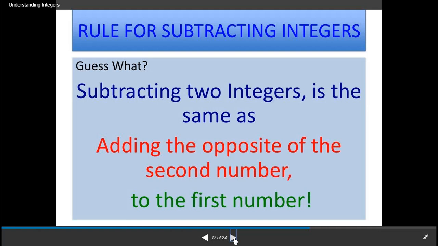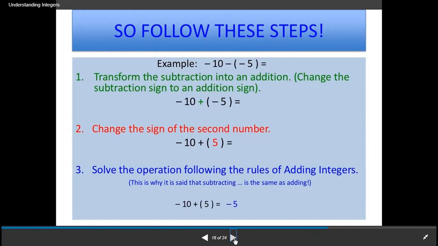Subtracting an integer is the same as adding the opposite of the second number to the first number. We'll see here: -10 minus, in brackets, -5. So minus minus will be plus, yes. Transform the subtraction into addition and change the subtraction sign to an addition sign. So -10 plus -5. Change the sign of the second number. So now -10 plus 5.